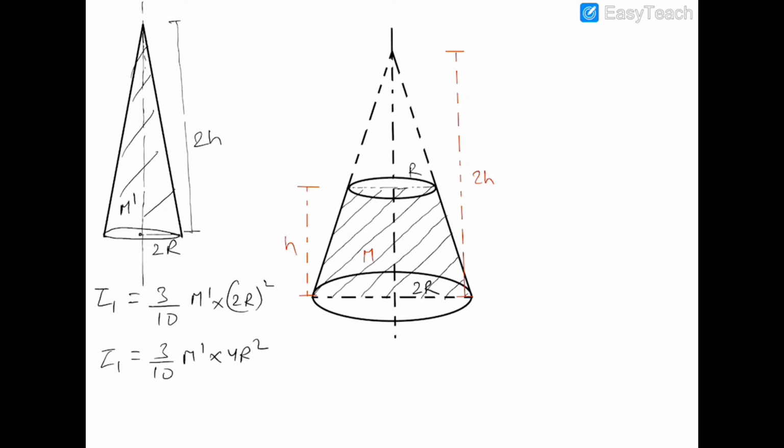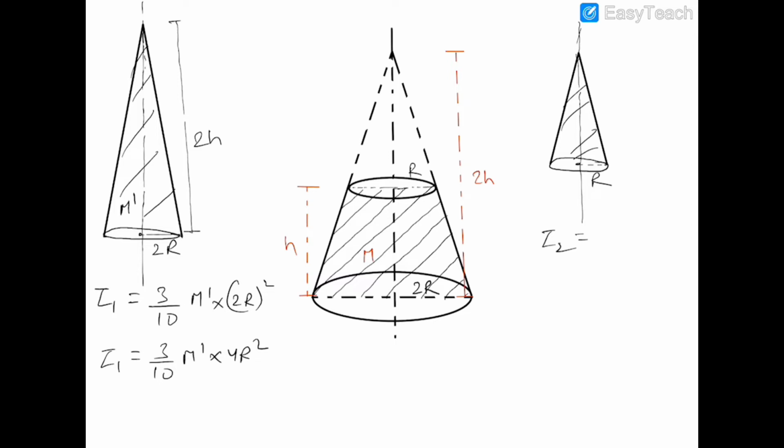Now first of all, let us draw the smaller cone. So this is the smaller cone which we have removed, and it has a base radius of r. Now its moment of inertia about this axis is I2.